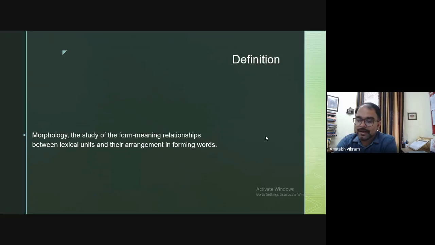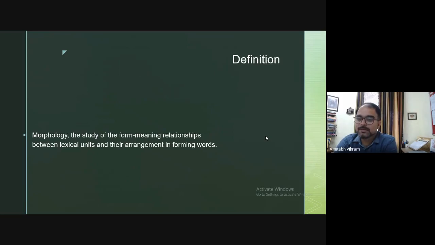So how can we define it? The study of the form, meaning relationships between lexical units and their arrangement in forming words. Now we will try to understand this definition. So we have a form and that form has some meaning. So we do not have meaningless form.